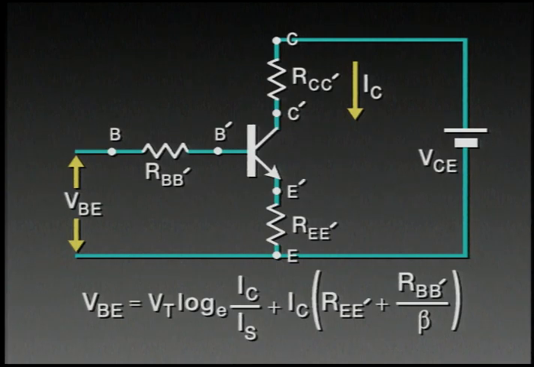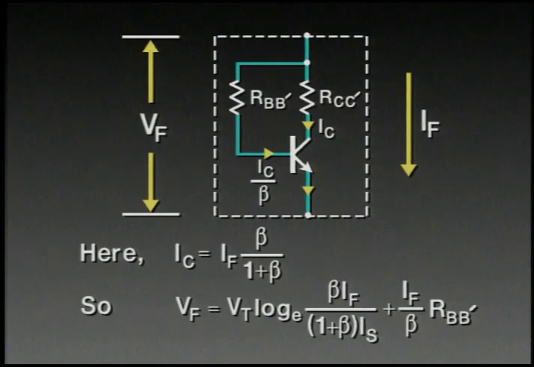In this case, the base-emitter voltage is the sum of a logarithmic term embodying the collector current and an ohmic component proportional to the emitter resistance and the effective resistance in the emitter circuit, RBB dashed divided by beta.